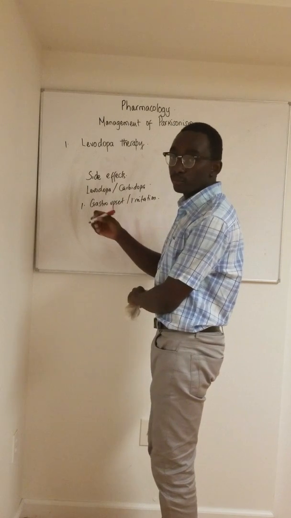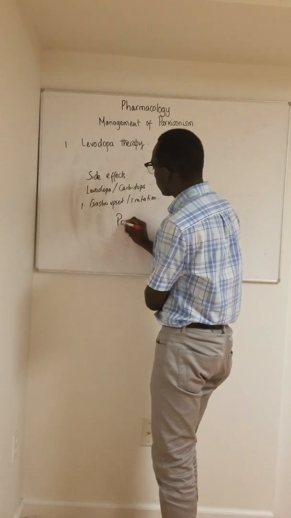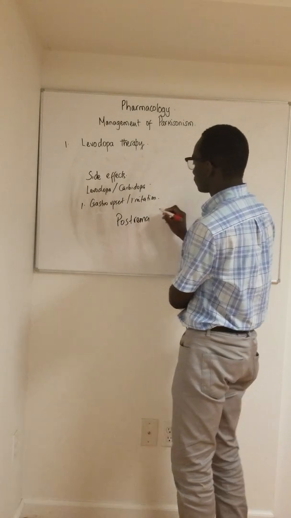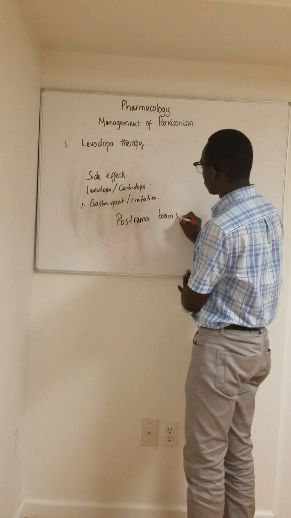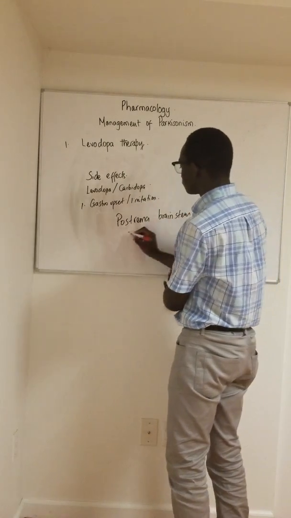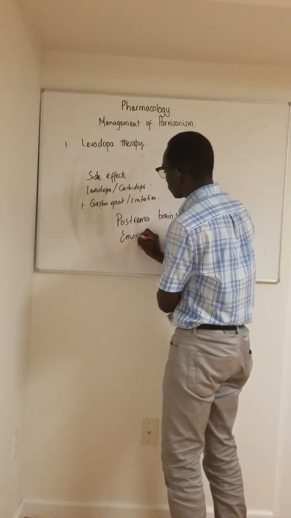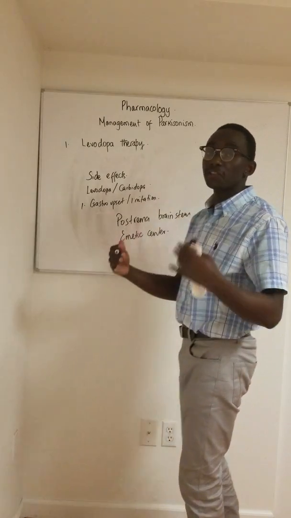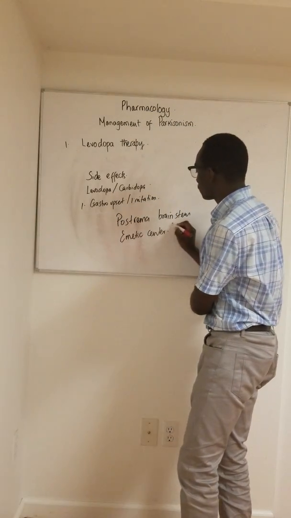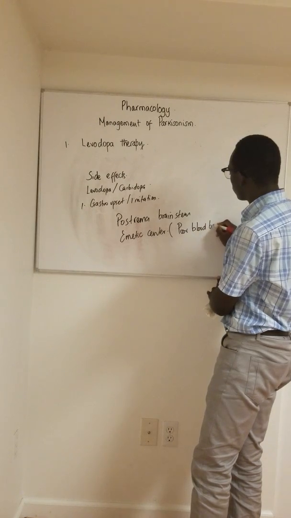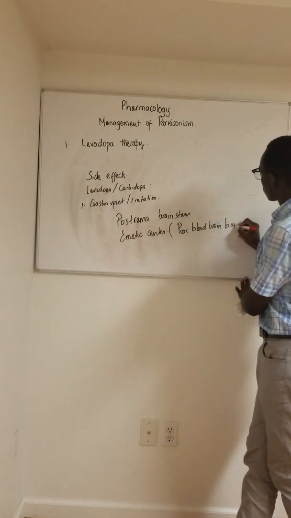In the brainstem, we have an area called the area postrema. So this area postrema in the brainstem contains what we call the emetic center. So this emetic center can easily be accessed by many emetic substances, since in this area there is what we call a poor blood-brain barrier.